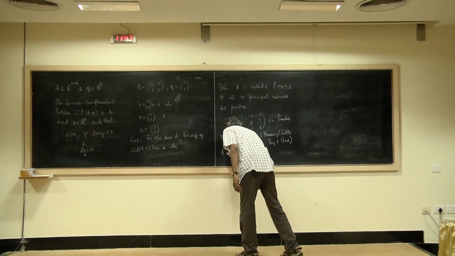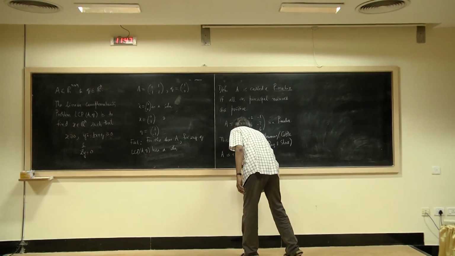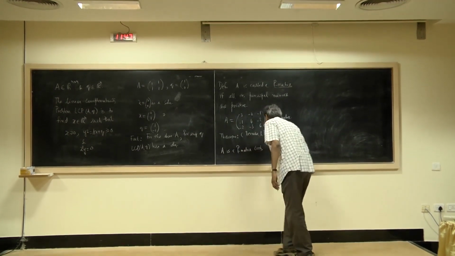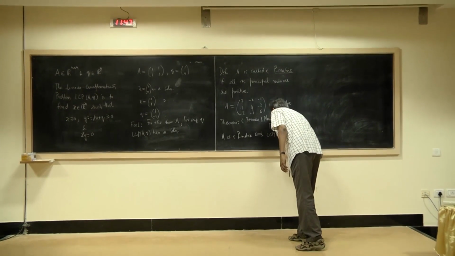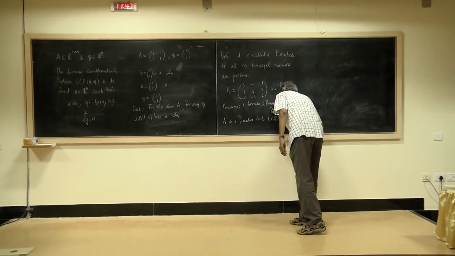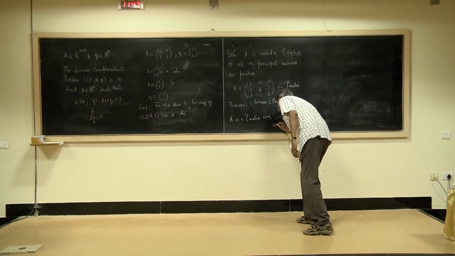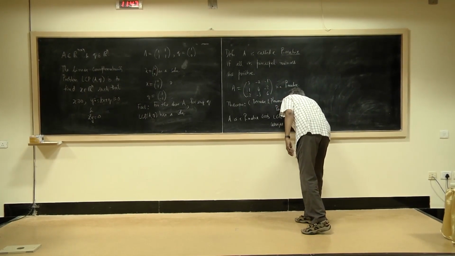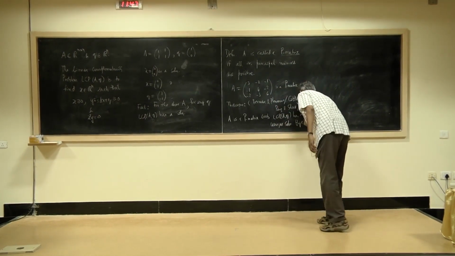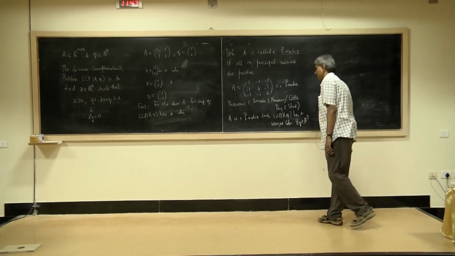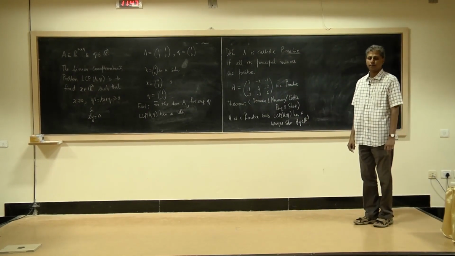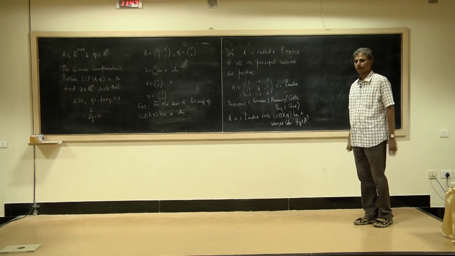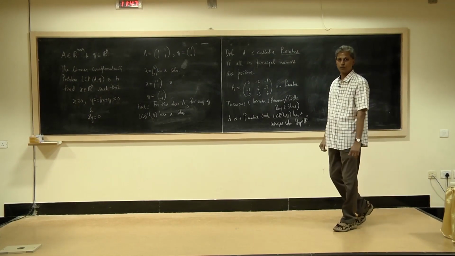This states that A is a P matrix if and only if LCP(A, q) has a unique solution for all q. Now you see, this is quite surprising.